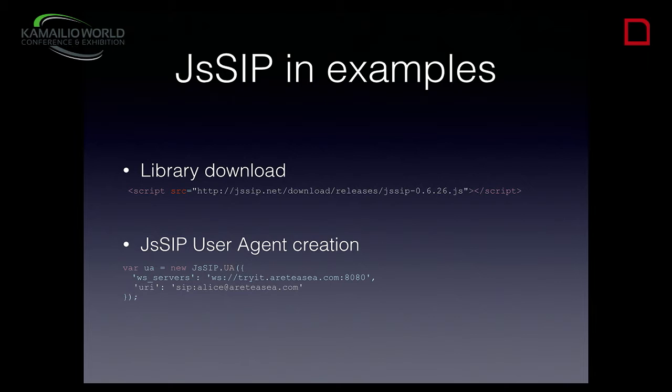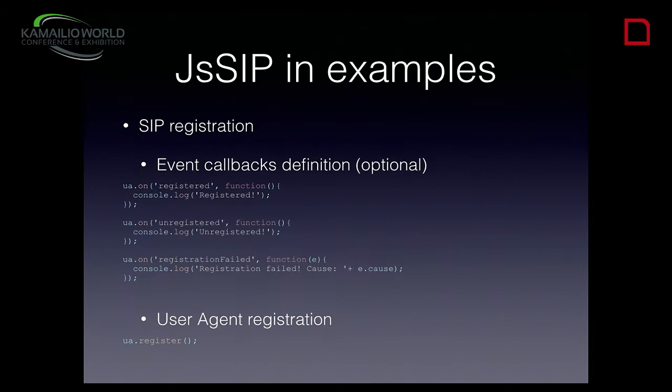By default, there's a register configuration parameter that will register automatically. So whenever the WebSocket connection is made, it will send a register, and then periodically, by a default timer, which can be configured, it will register again and again. So with this few lines of code, we will have a user agent which registers with this user against this WebSocket server.